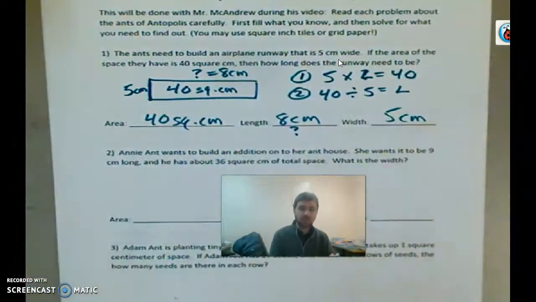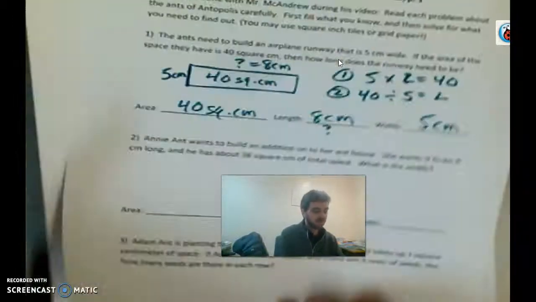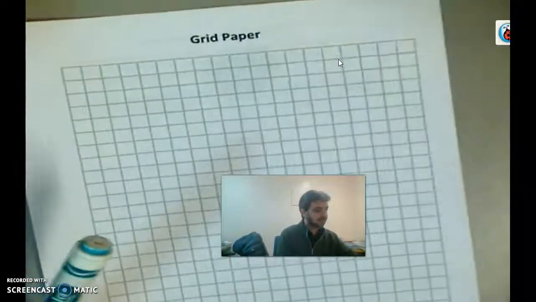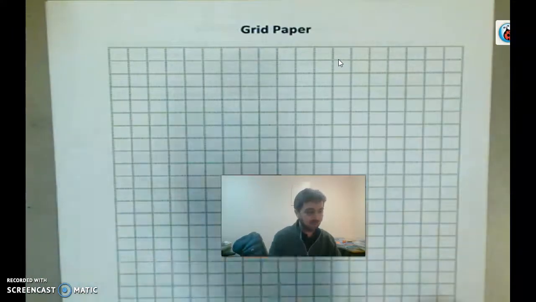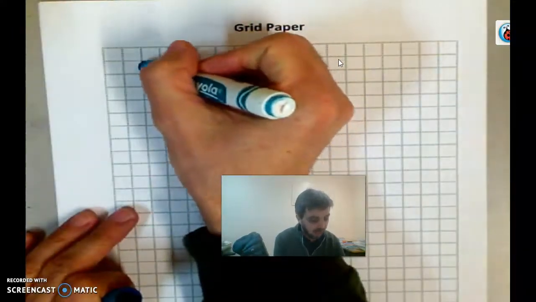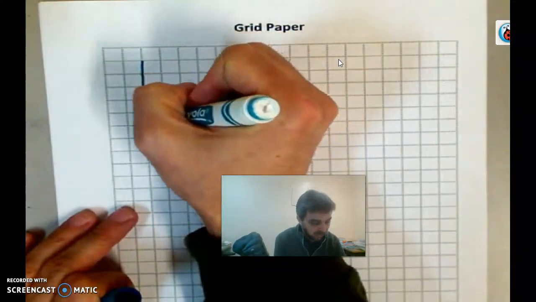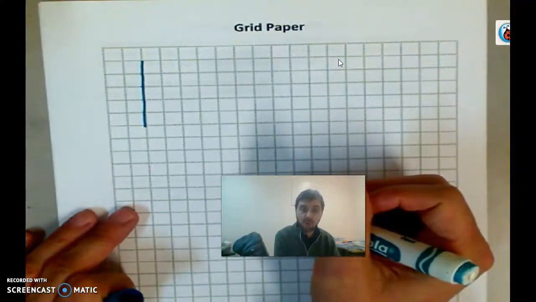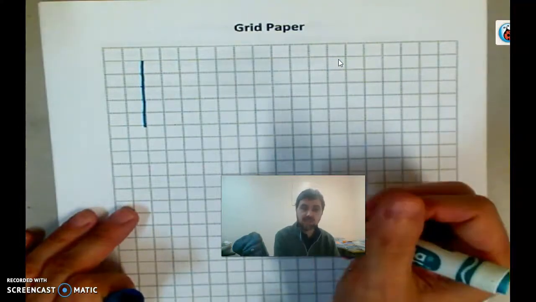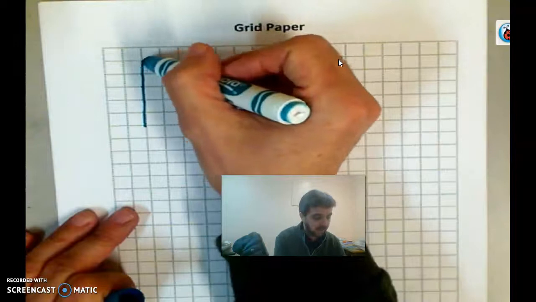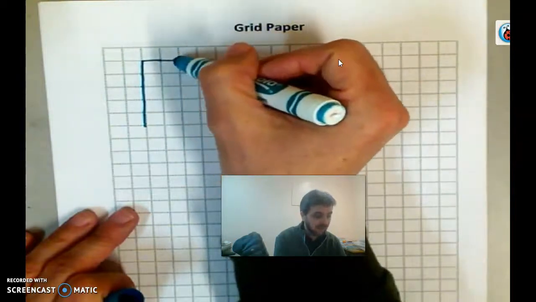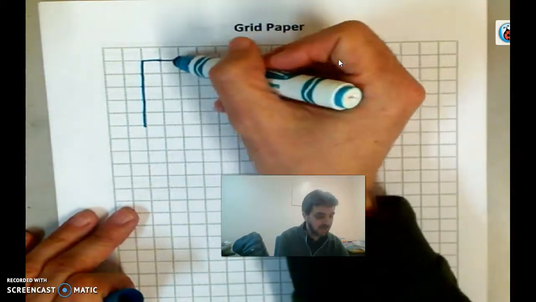Now if you want to use your grid paper for this, you could use that. So for example, you could go 1, 2, 3, 4, 5, right? And you know the area is 40. So you could say, if it's like this, that's only 5. 2 times 5 would give you 10.